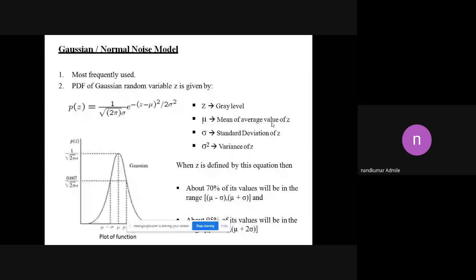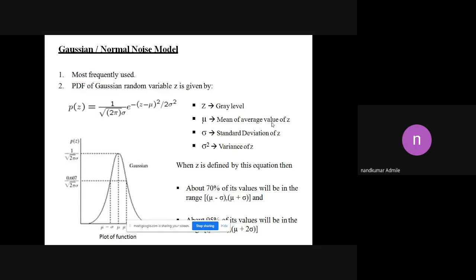The first noise model is called the Gaussian noise model, or the normal noise model. Maybe it is difficult to understand what a Gaussian noise model is, so we can explain it with the help of a graph or a simple diagram.